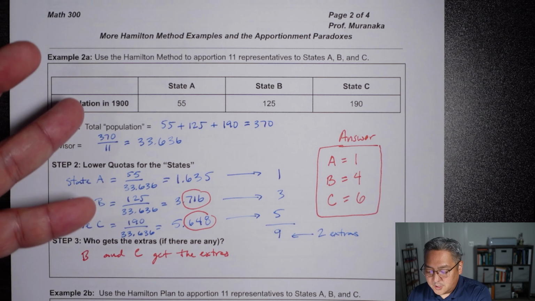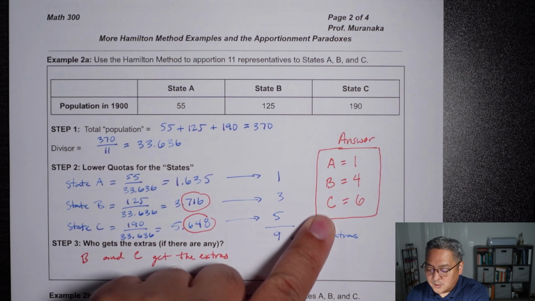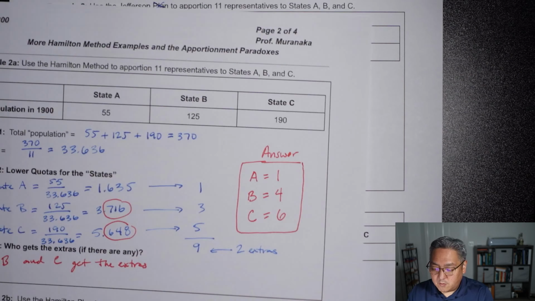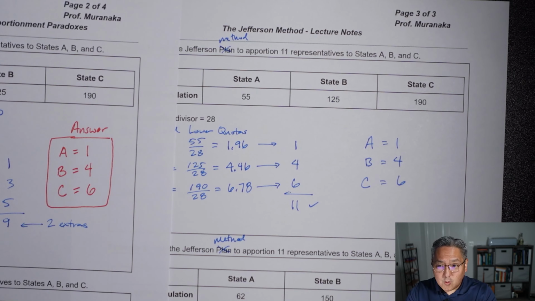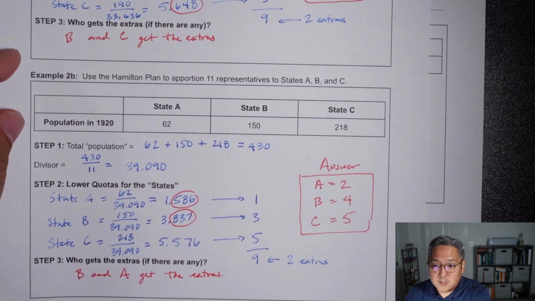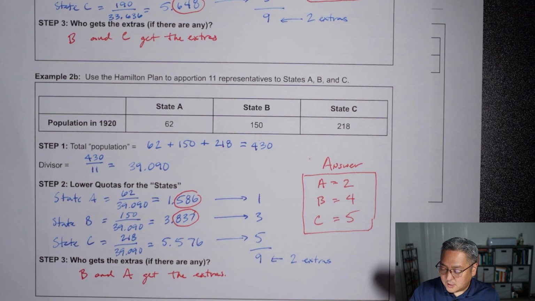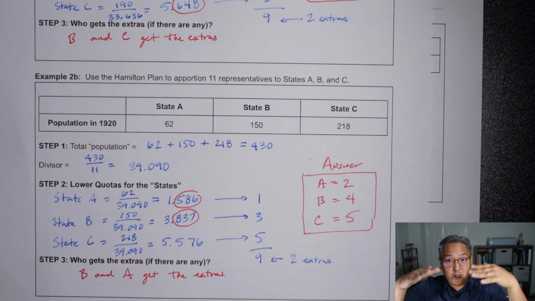We had the population in 1900 for states A, B, and C. We got A is 1, B is 2, C is 3. Notice that for the Jefferson method, that first example was the same result, 1, 4, and 6. But in that last example, the reason it was a paradox is because A ended up getting 2, B got 4, and C got 5 when the populations grew. And the Hamilton method essentially caused this to happen.